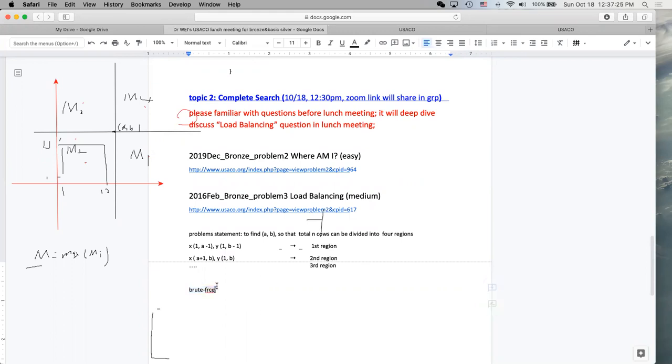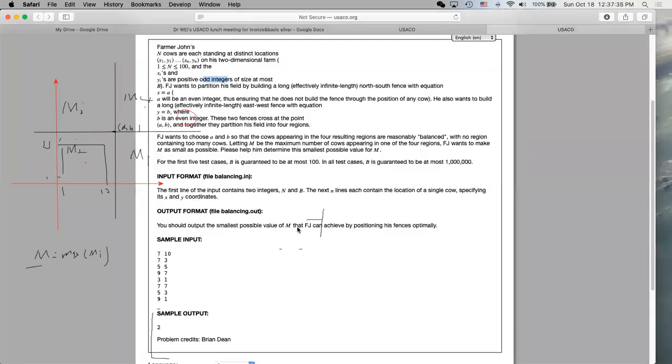With these questions, we can definitely go ahead with the brute force. The reason is, if you look at the inputs, the n is less than 100, right? And it also tells you that for the beginning cases, the boundary of the b is just a 10 square.